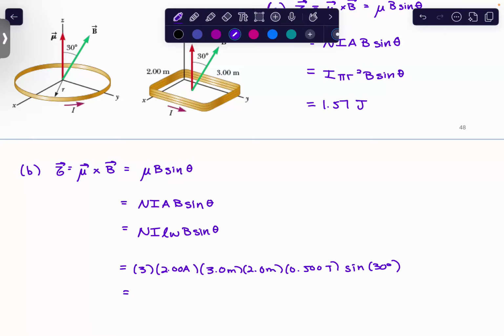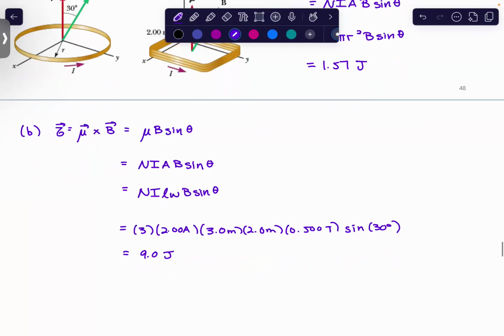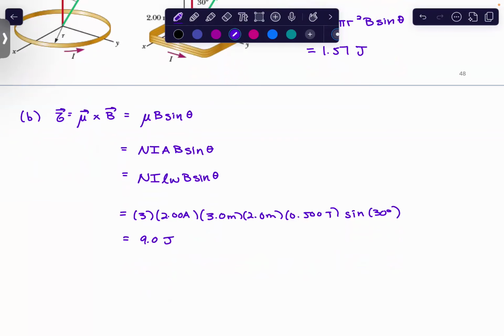You should get 9.0 joules. So that is torque on a current carrying loop.